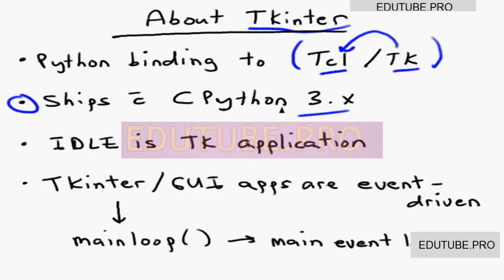As previously stated, tkinter does ship with CPython, the official python.org distributions of Python 3.x. In fact, the IDLE IDE that we've been using all along in this course is itself a TK application. Now that can sometimes cause development problems.